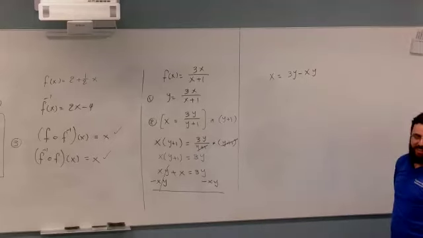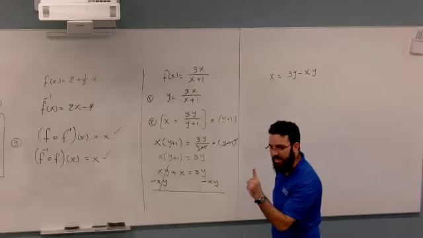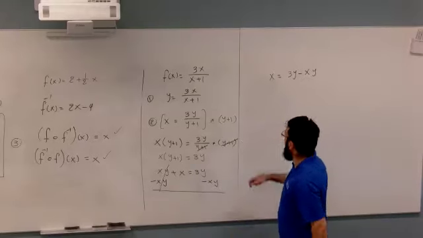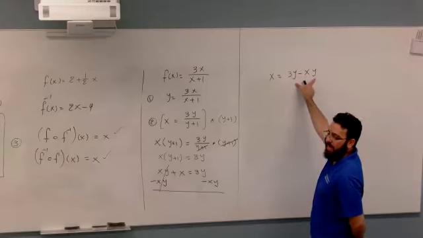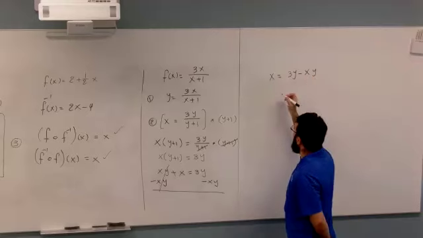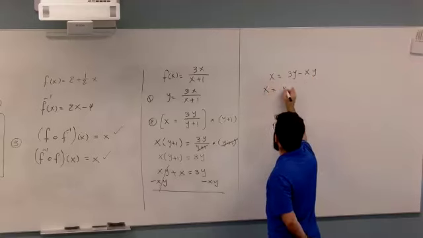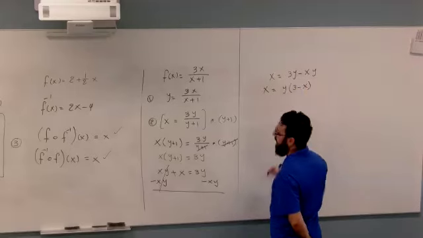Now what's the next step? I need to solve it for y, so I have to get only one y on one side. Can I take y as a common factor between these two terms? Here's the x. Can I say y times what's left, 3 minus x? Can I do that?